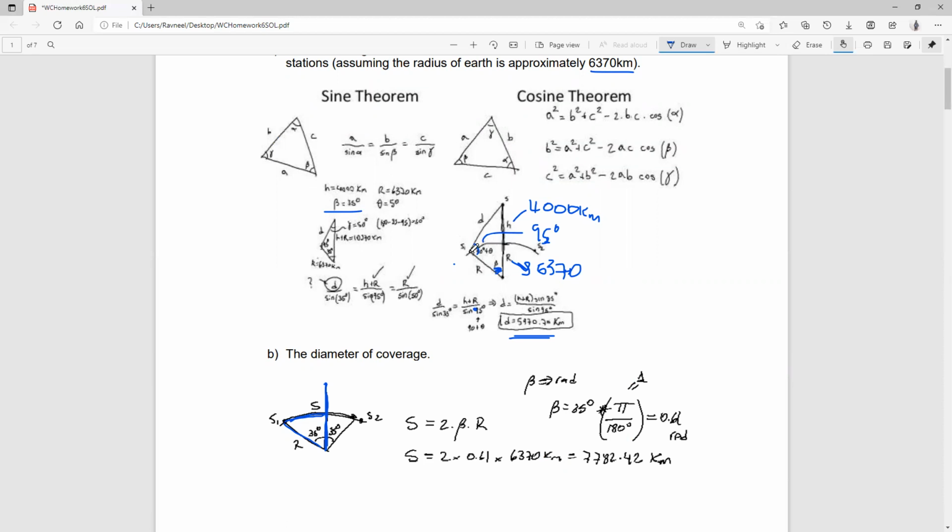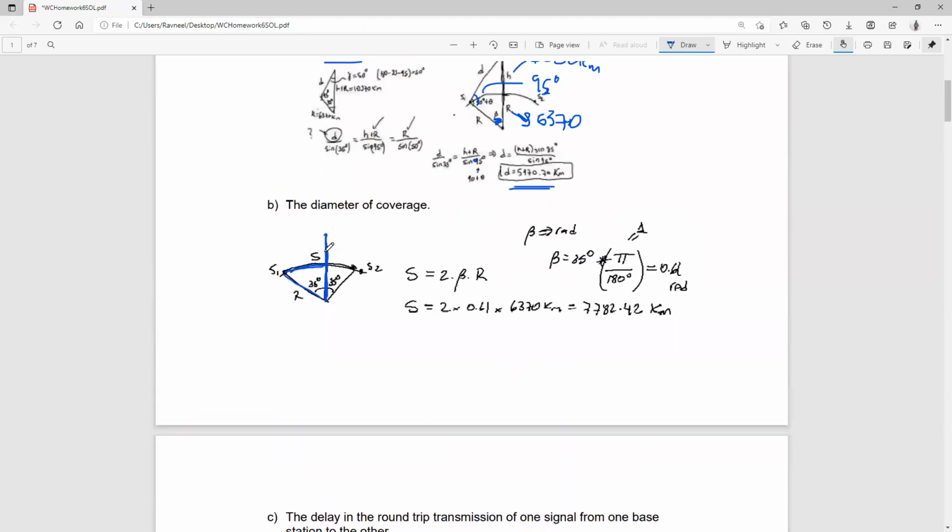The Earth is round, isn't it? So we just need to find this particular distance, this perimeter, S, which is represented over here. This is the area being covered by the satellite and the Earth station. So we know this beta value.